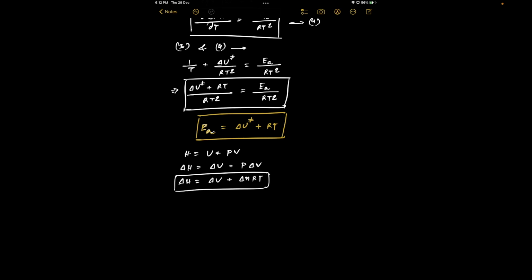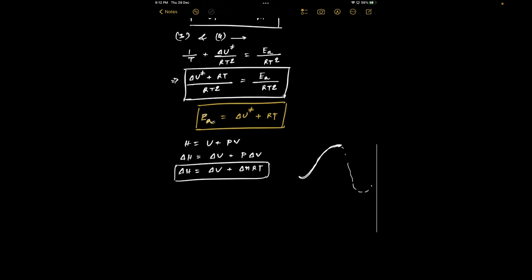So for our activation case, for this step from the reactant molecules to the activated complex, delta H double dagger will be equal to delta U double dagger plus delta N double dagger RT, right?